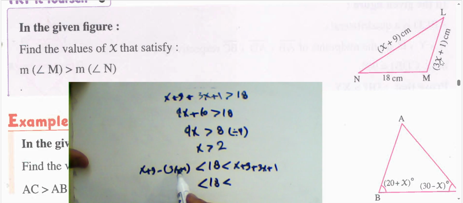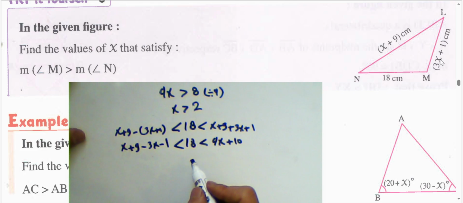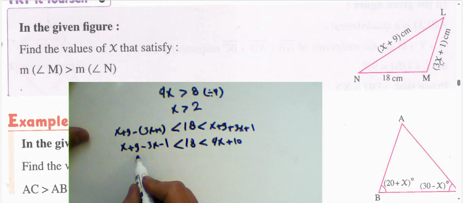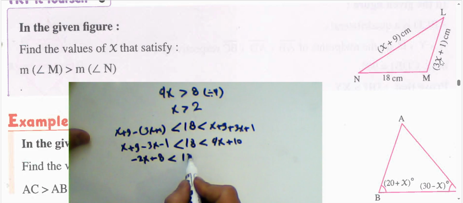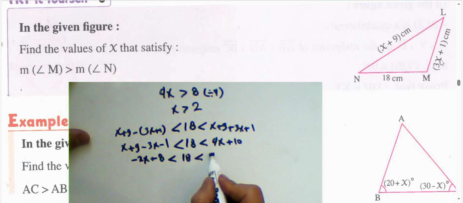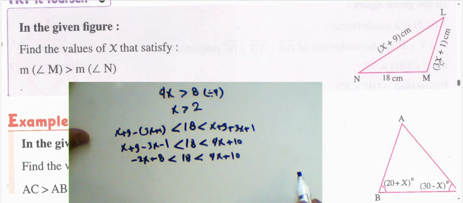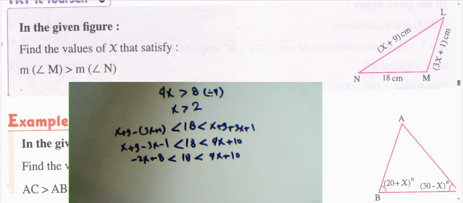Then x plus 9 minus 3x minus 1, and x plus 3x equals 4x, and 9 plus 1 equals 10, and we can simplify it. X minus 3x is negative 2x, and 8 is less than 18, which is less than 4x plus 10. He will find the relation between M and N.